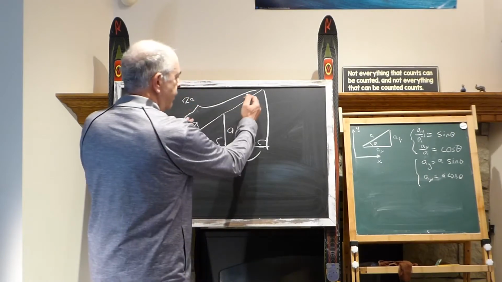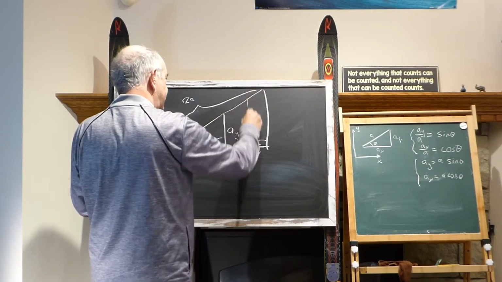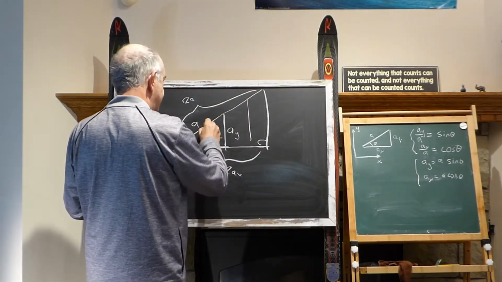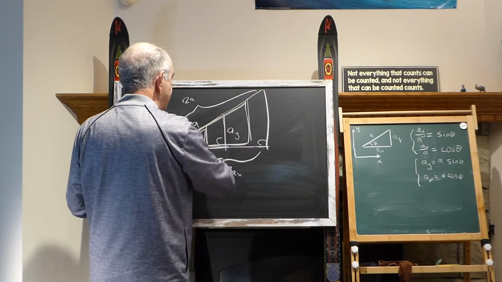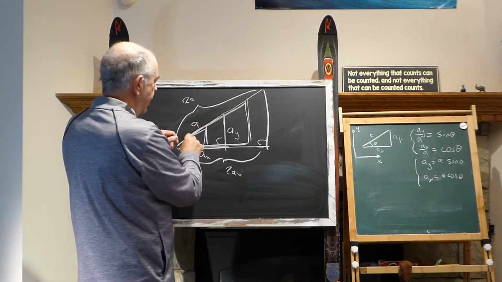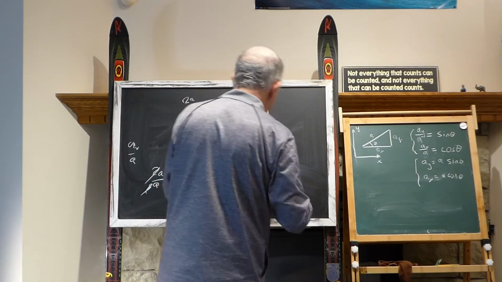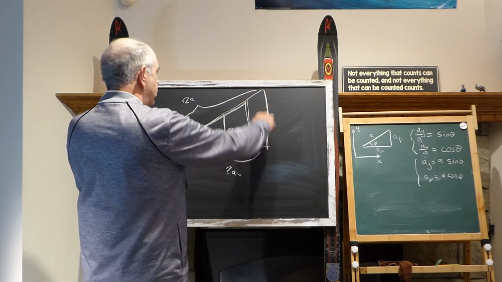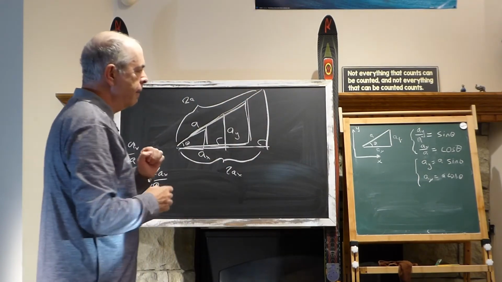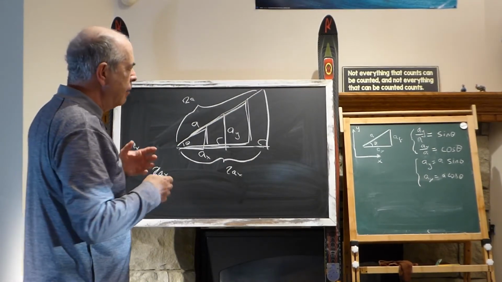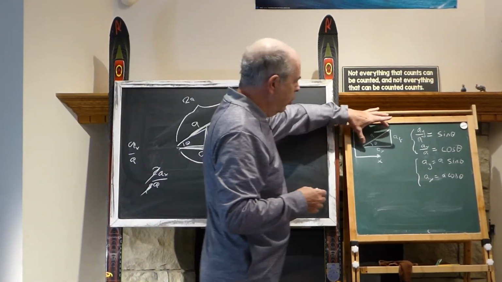So no matter what similar triangle I take, any triangle defined by angle theta that has a 90 degree angle, the ratio of this side to the hypotenuse would be completely the same, and it will not depend on what A is.